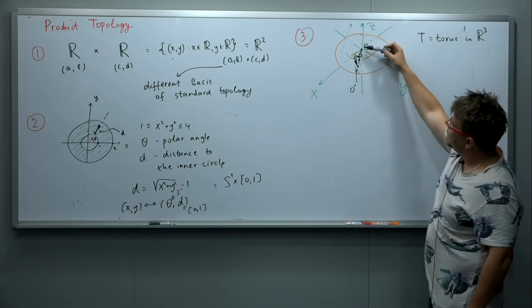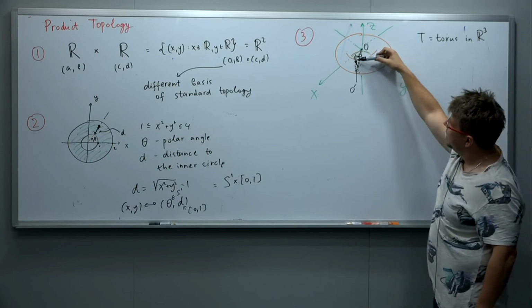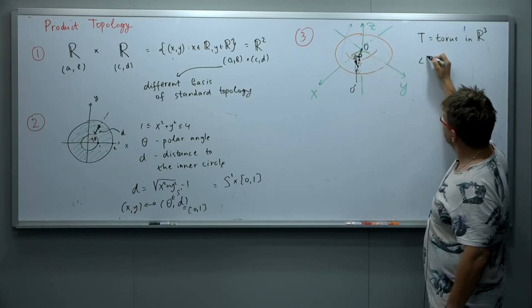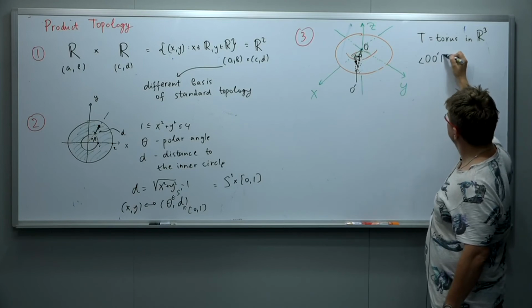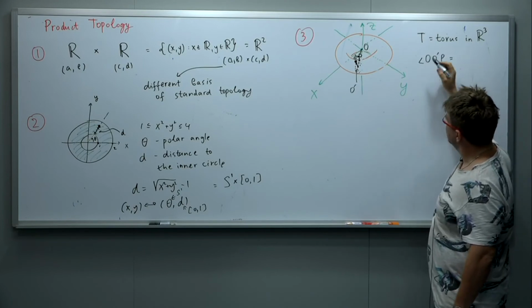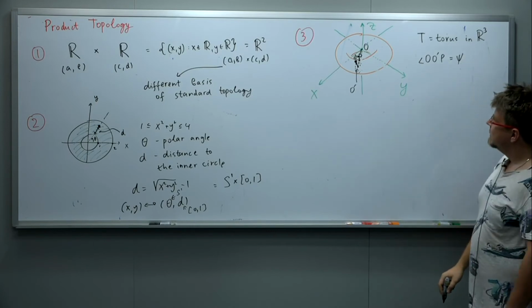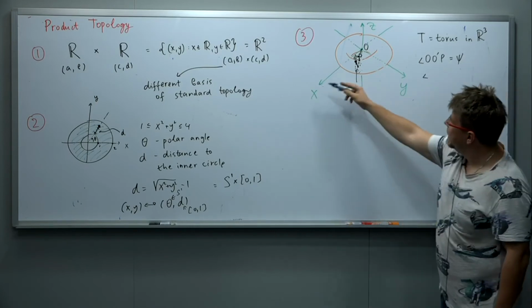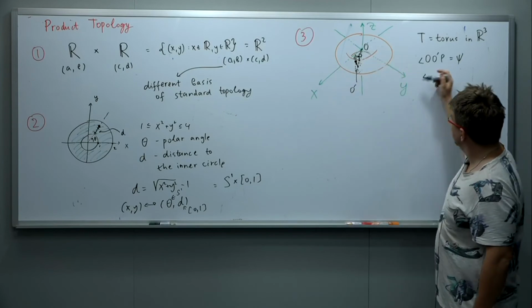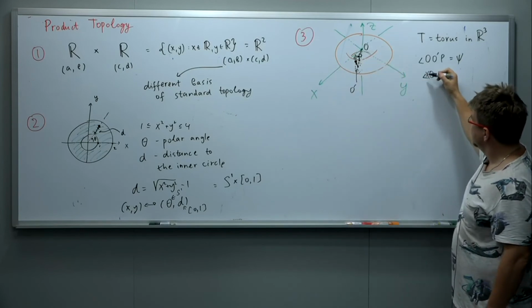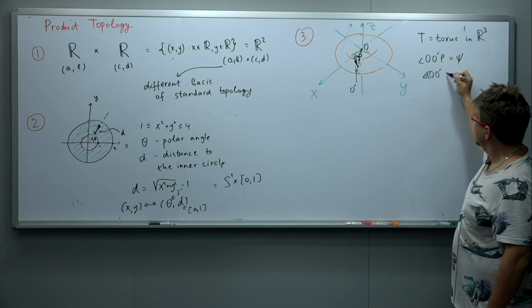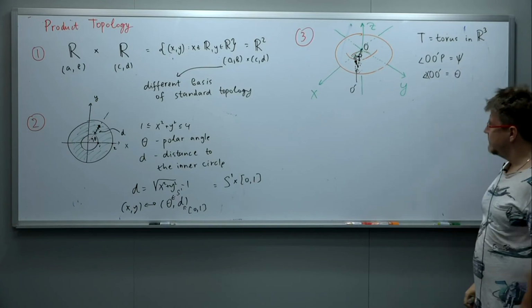So then we are going to take the angle from O to O prime and to P. The angle at O prime, P is going to be, say, psi. And the angle from the x-axis to O and then to O prime is going to be theta.